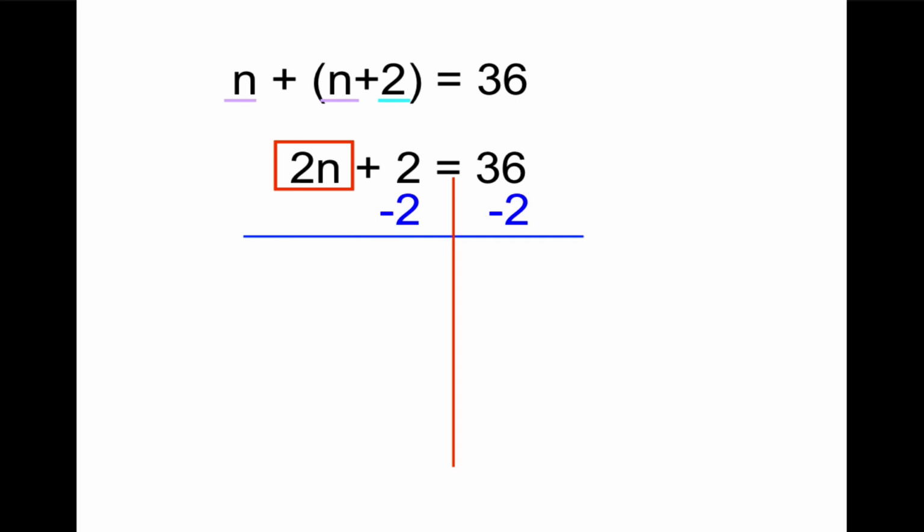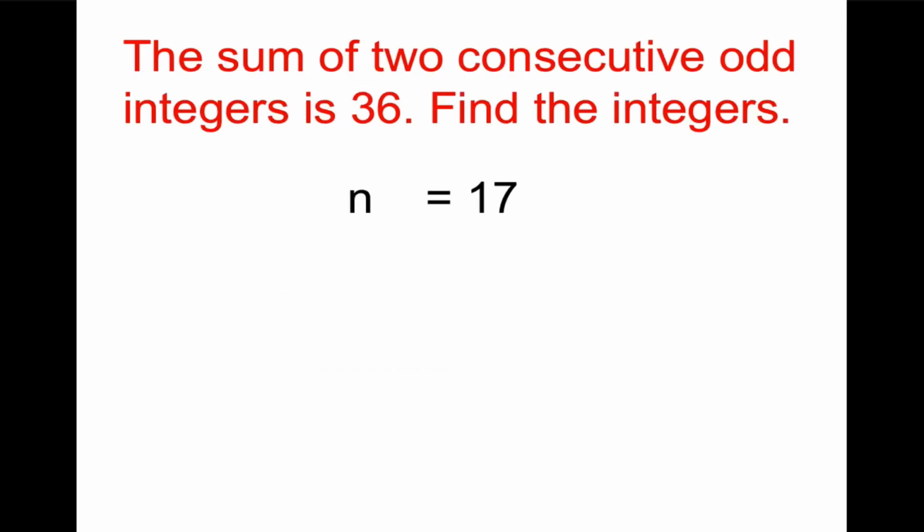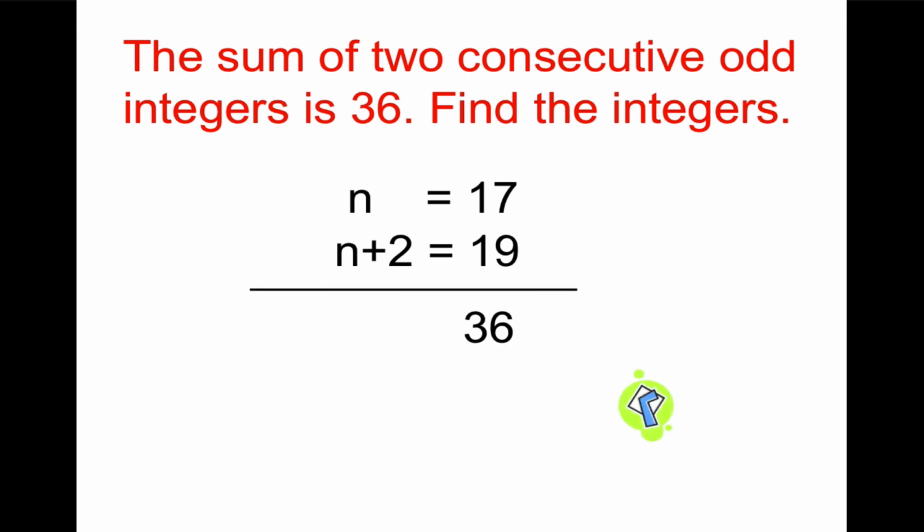Again, we'll subtract 2 on both sides to get 2n equals 34. And finally, divide by 2, and we get n equals 17. And once again, this is one of the 2 numbers. So we want 2 consecutive odd integers that add up to 36. If the first one is 17, then the next one is 19. And together, they do add to 36. So that checks out.